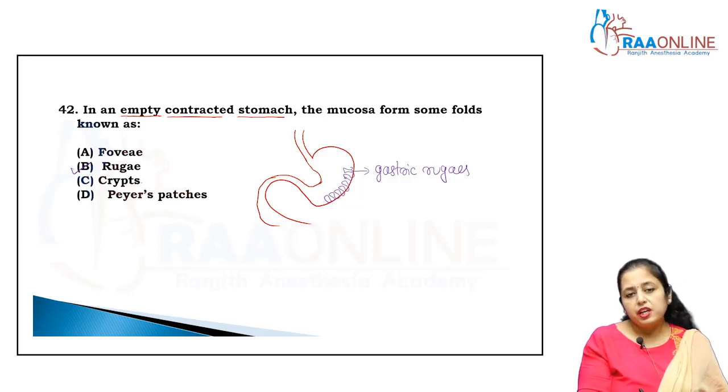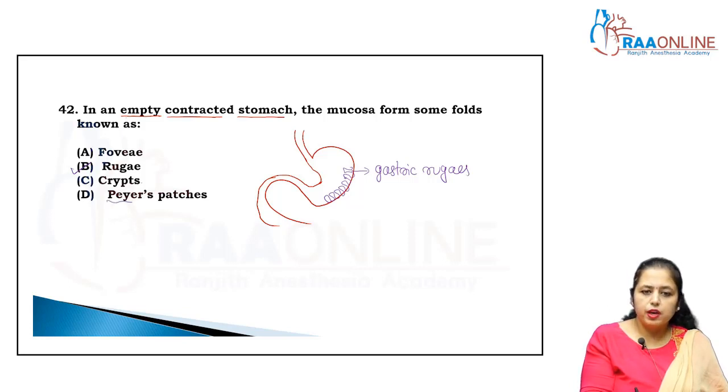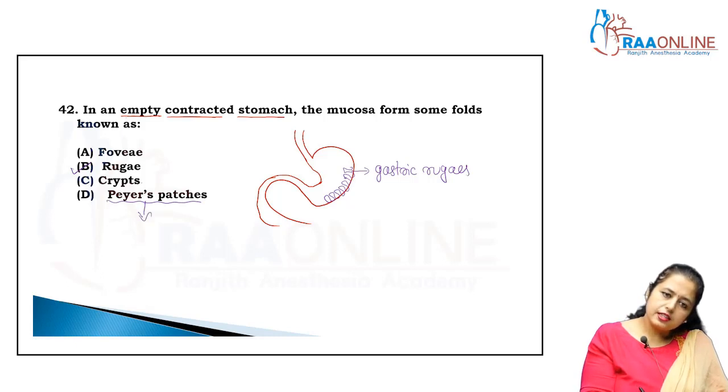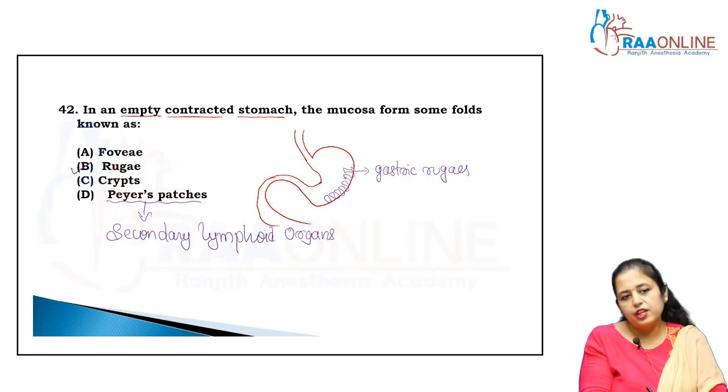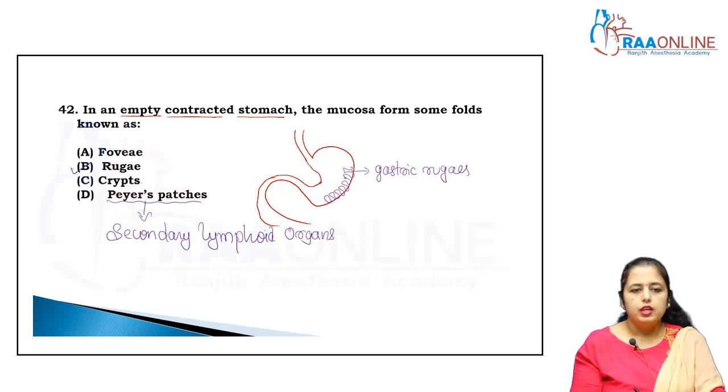Peyer's patches, what are these? Peyer's patches act as secondary lymphoid organs, right? So the correct answer is rugae.